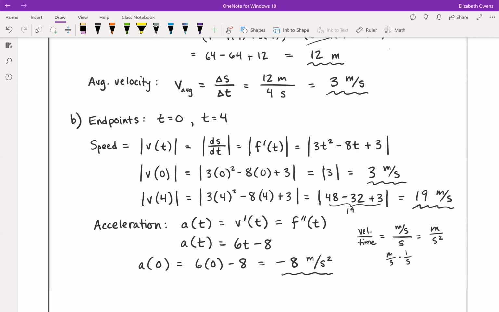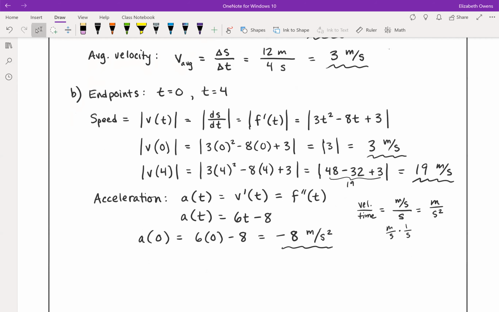Okay, so there's our acceleration at our first endpoint. Notice how it is negative. So that could mean either that the object is decelerating or that it's accelerating in the negative direction. So kind of interesting.